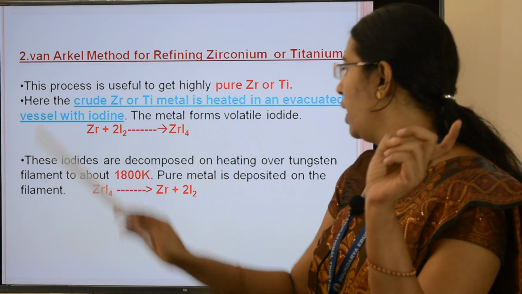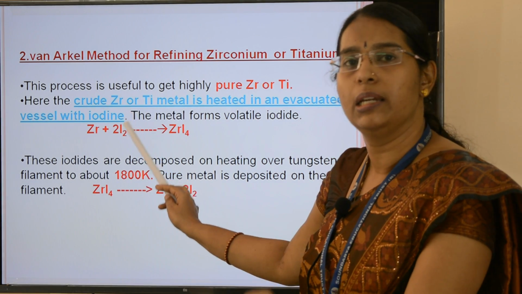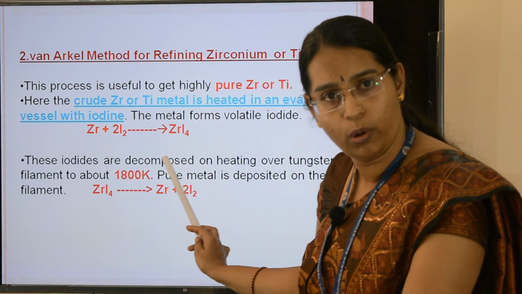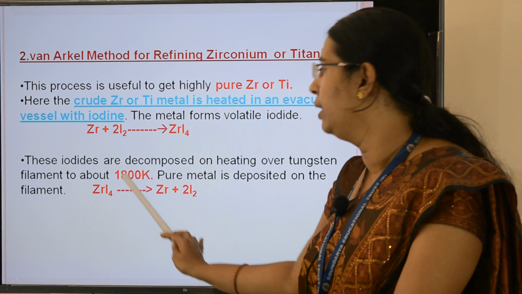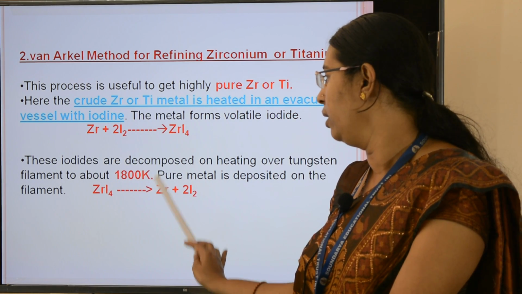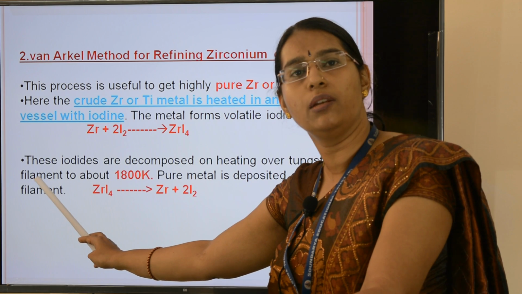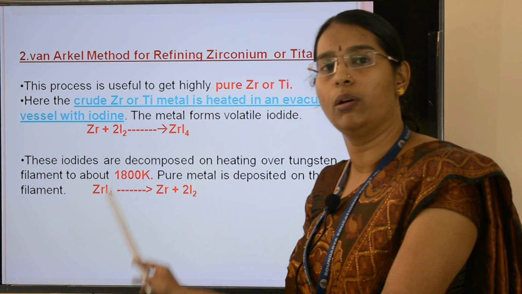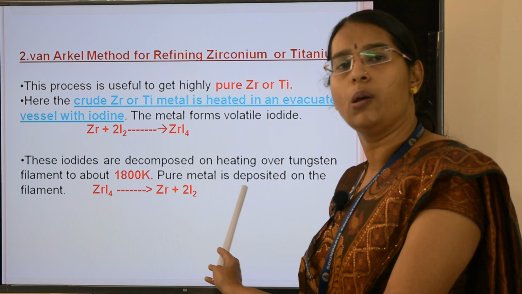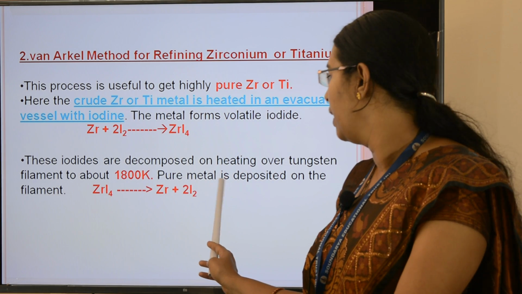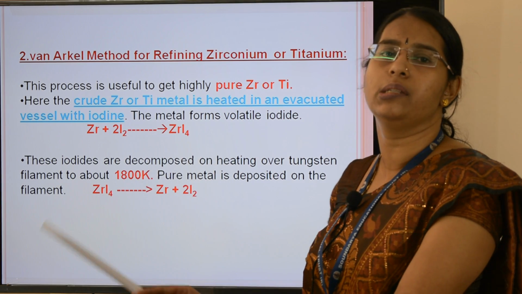In the first step, zirconium is heated with iodine to form zirconium iodide, which is a volatile compound. Upon further heating to 1800 Kelvin temperature using tungsten filament, it decomposes to give pure zirconium, which deposits on the tungsten filament, and iodine vapors are released.